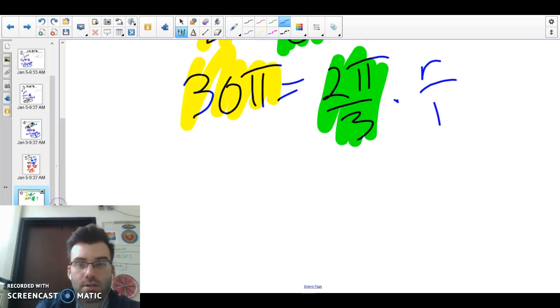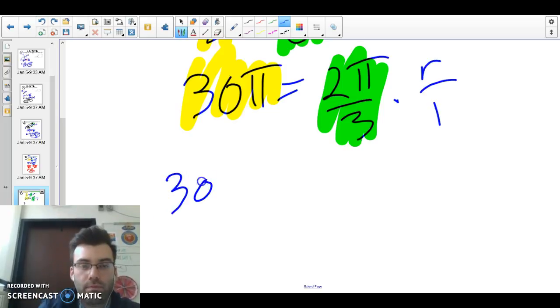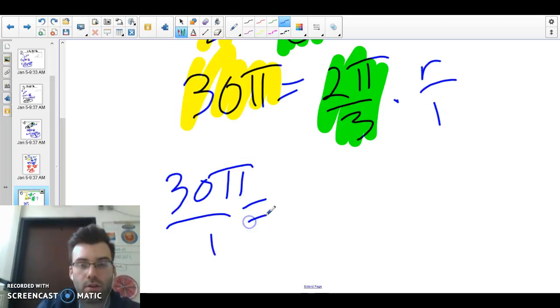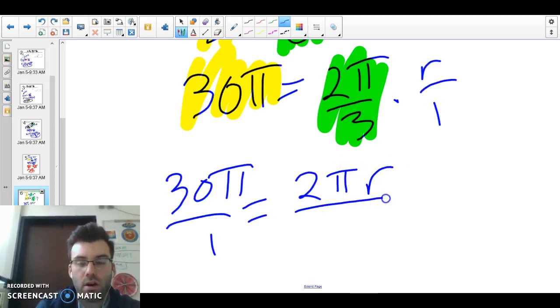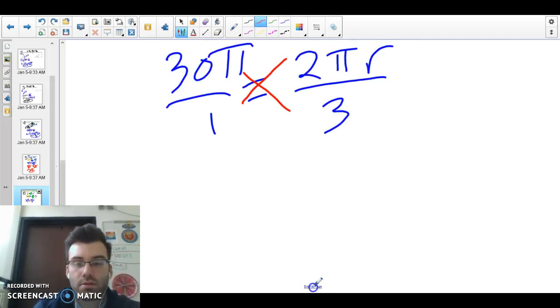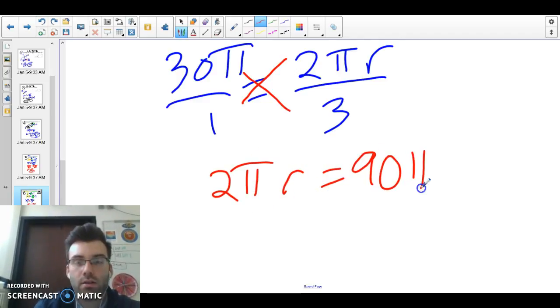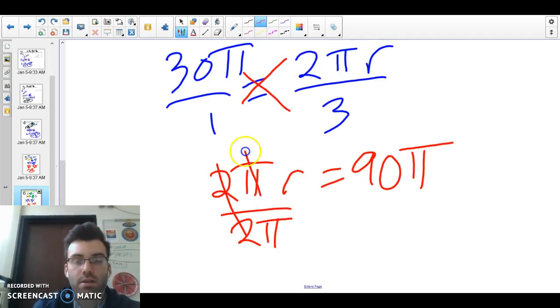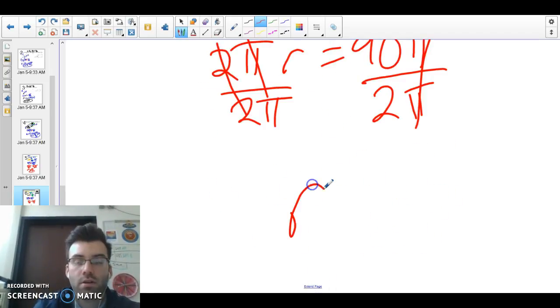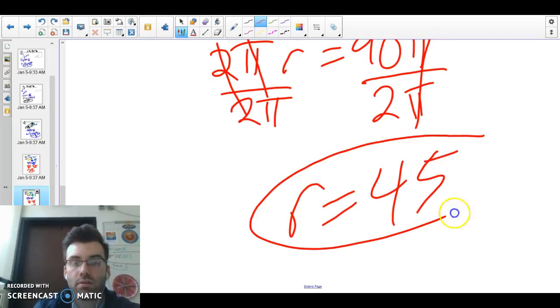Multiply across the top and across the bottom: 30 pi over 1 equals 2 pi R over 3. Fraction equal to a fraction, crisscross applesauce. 2 pi R equals 90 pi. Divide by 2 pi to get R by itself. The pi's cancel. R equals 45.